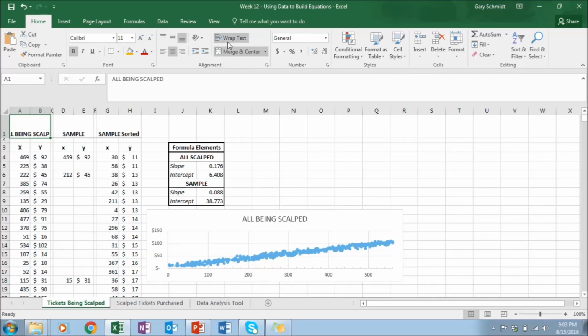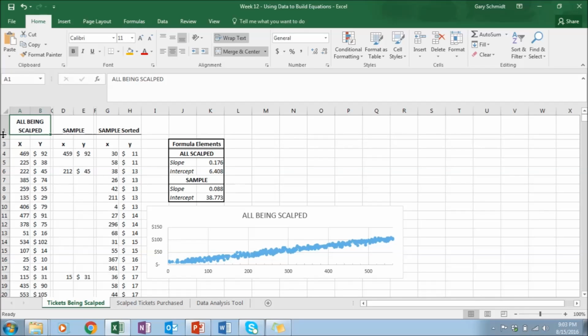They're trying to scalp them at that price. Whether they did or they didn't, we are not worried about that. So, like I said, at $92 you had 469 people scalping tickets, or 469 tickets being scalped. That's probably the better way to say it, since some people were probably selling multiple tickets.